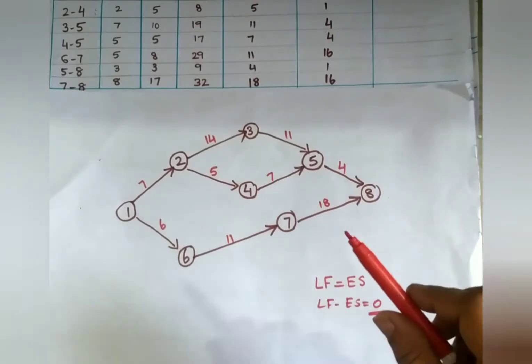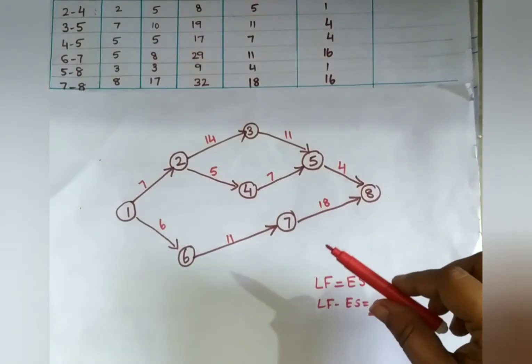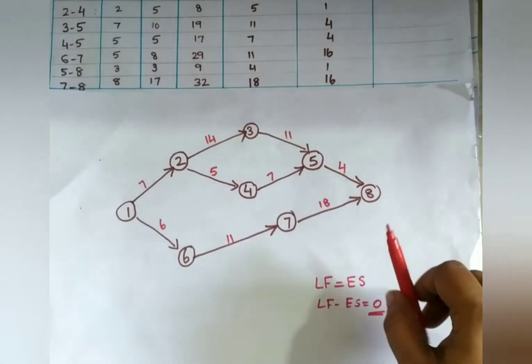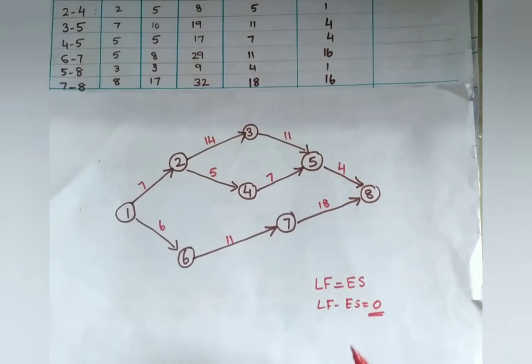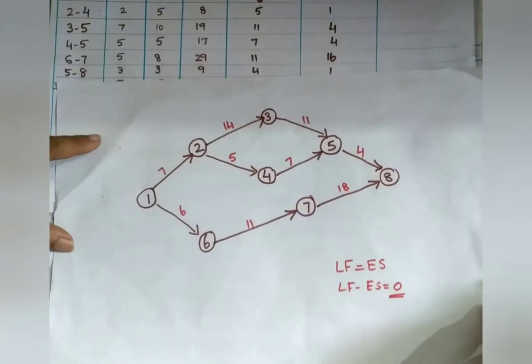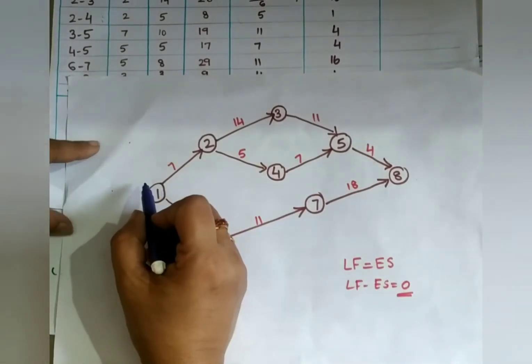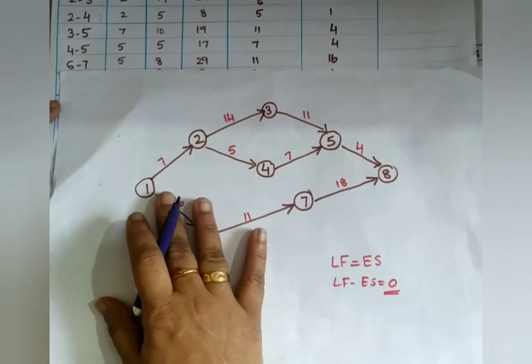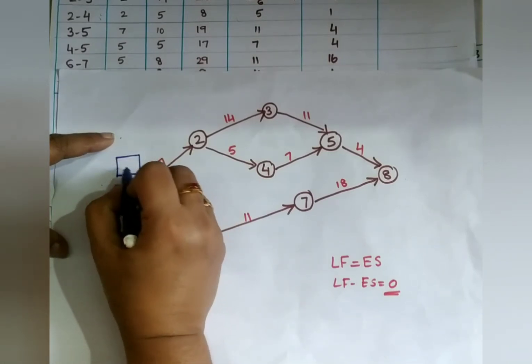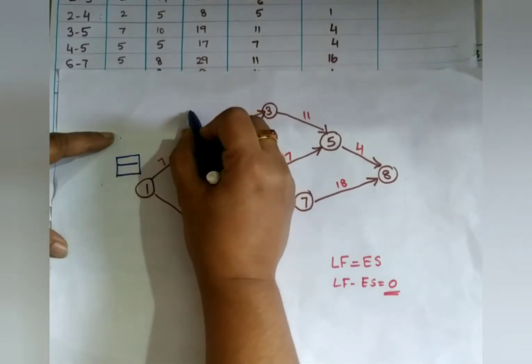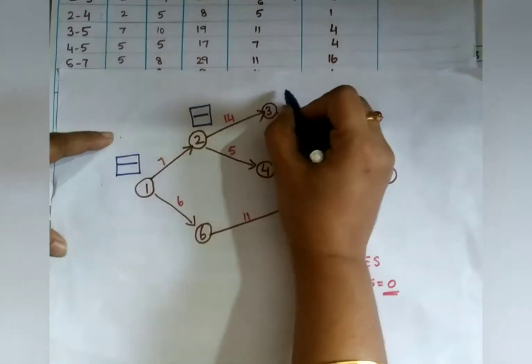Okay, so now in this question we want to know the critical path duration or length. For that you have to find LF and ES. This is the same way as in our CPM method. So anyway, we will start with that. I will take some other color and write in a box for this problem.